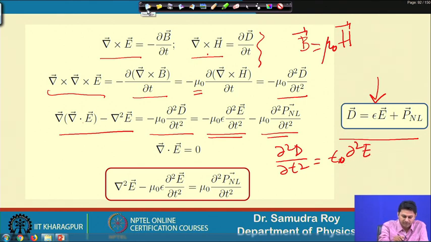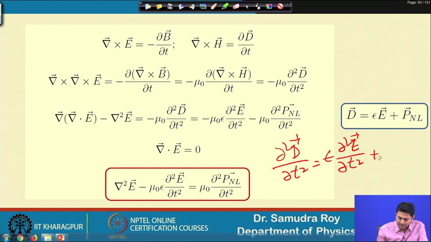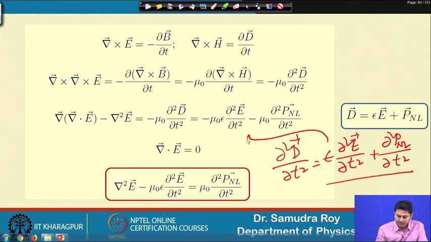Okay. So, let me clear it and do it once again. I am making the double derivative of D. D is this, so the right hand side is simply the double derivative of E plus the double derivative of P nonlinear. So, if I use this, it will be simply this quantity.